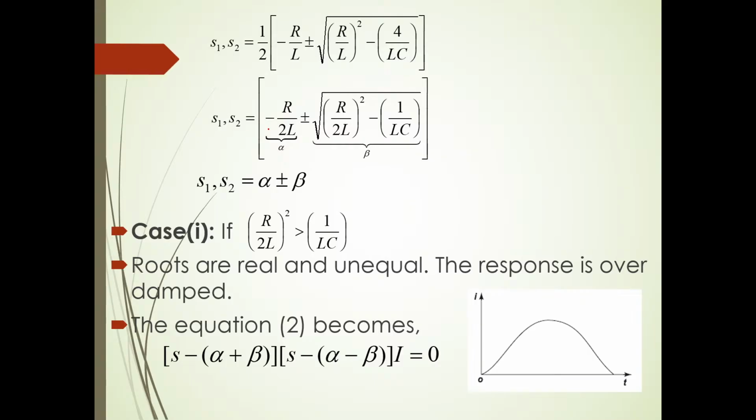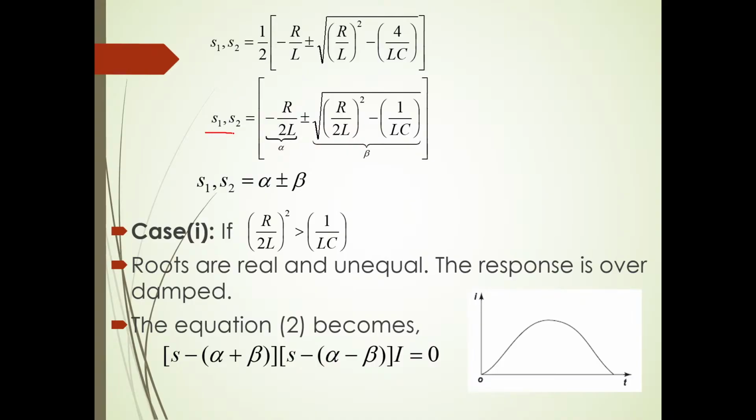You will get s1, s2 is equal to minus r by 2l plus or minus root of (r by 2l) whole square minus 1 by LC. That's what you are going to get if you send this 1 by 2 within the brackets. I hope you are able to follow, because you must have minimum basic knowledge of mathematical simplification. Otherwise, you won't be able to follow.